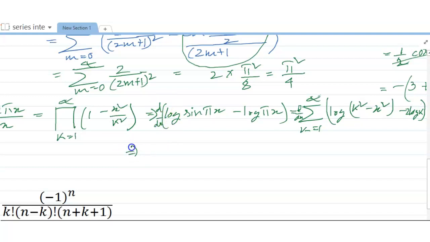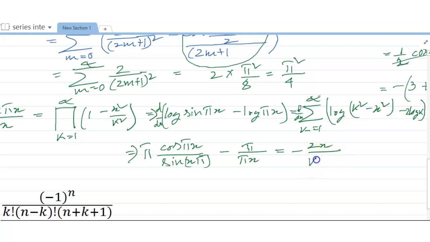So whatever I get: pi into cos pi x divided by sin pi x minus 1 by x equals summation k equals 1 to infinity of minus 2x divided by k square minus x square.